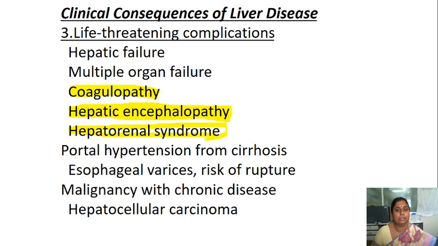What is your hepatorenal syndrome? Because you are having a lot of decrease in the albumin and a change in the hemodynamics. What is happening? The intravascular volume is getting reduced and it goes into the extravascular compartment because hypoalbuminemia is there. And when that is happening, what happens?